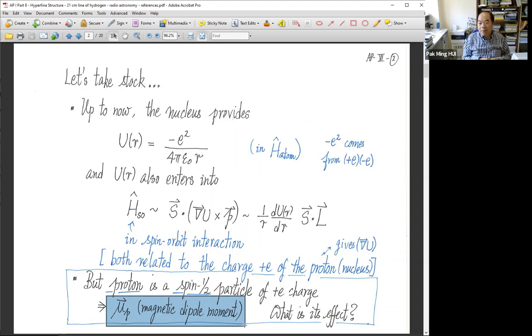Okay, so let me advertise what the question is. We have been focusing on this electron. It has spin, all right? We study spin-orbit interaction and everything.